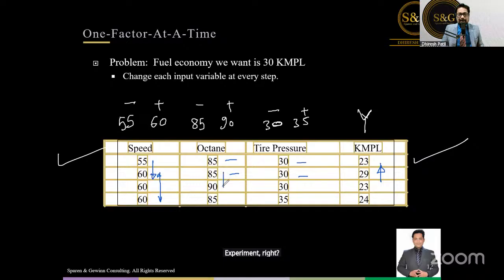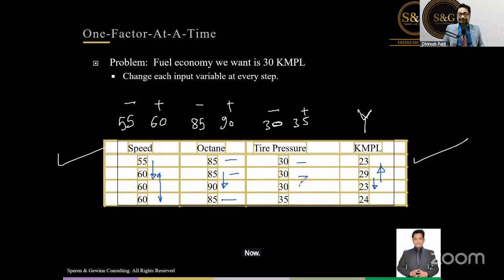In the third experiment, they increased the octane rating from 85 to 90, but they got a negative result. From 29 the kilometer per liter dropped down to 23. So they went back to the lower setting once again.